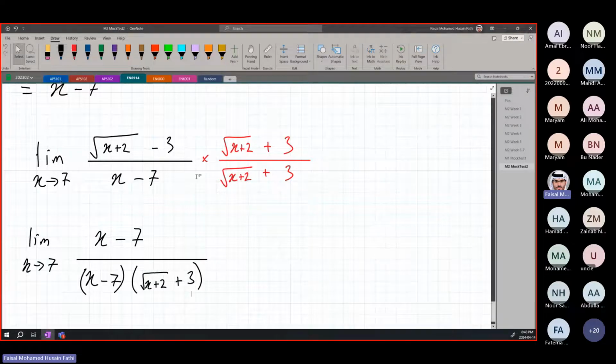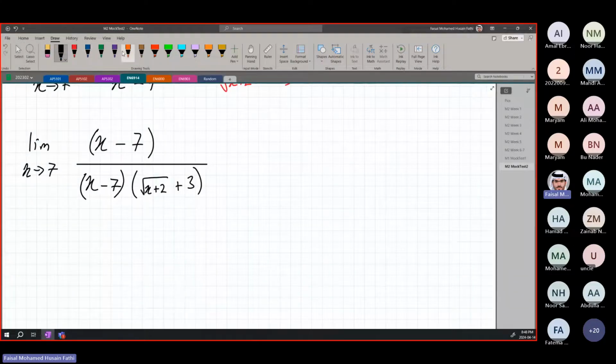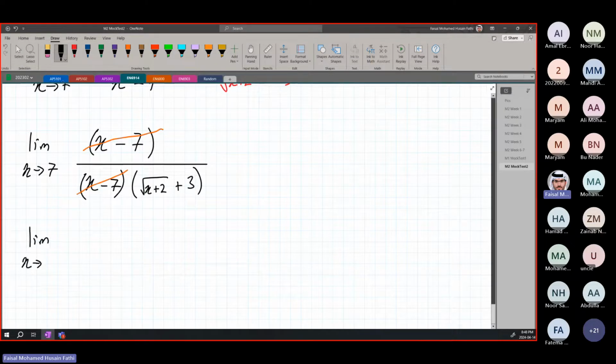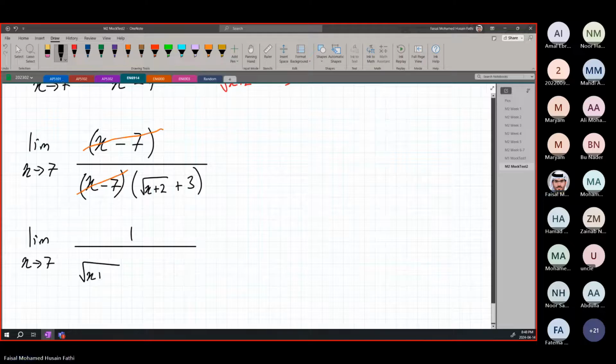You don't need to distribute at the bottom. Why? Because now you can cancel the x minus 7 at the top with the x minus 7 at the bottom, which was causing us the issues. So this is going to be equal to the limit as x goes to 7 of 1 over the square root of x plus 2 plus 3.